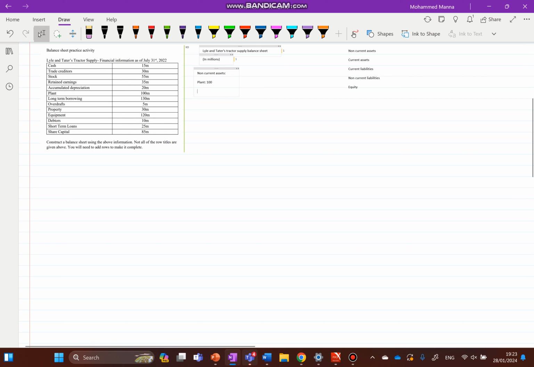Because we wrote down millions at the top, you don't need to write down M next to it, you can just write down the number itself. And we see that property as well, as mentioned earlier, is a long-term asset. There's also equipment.